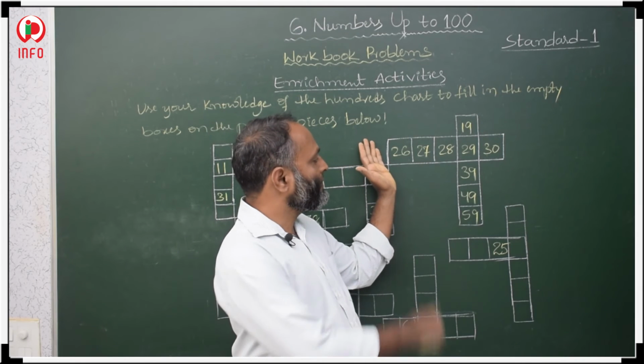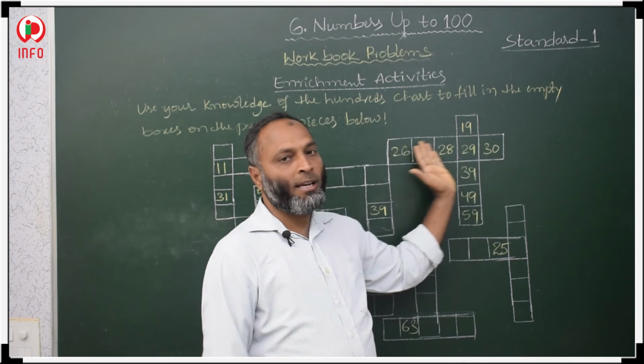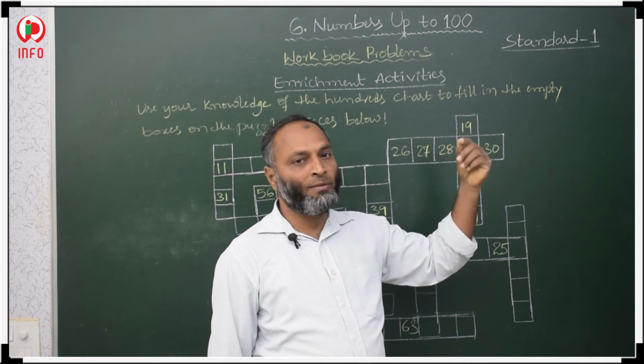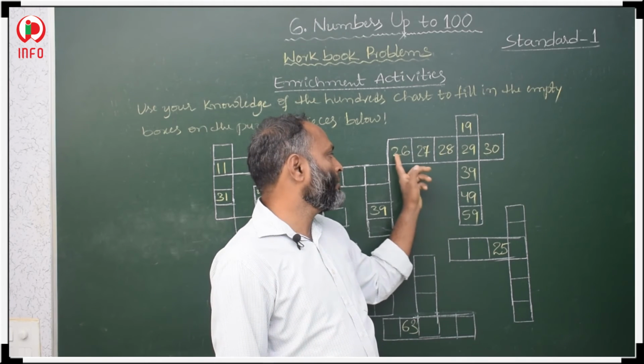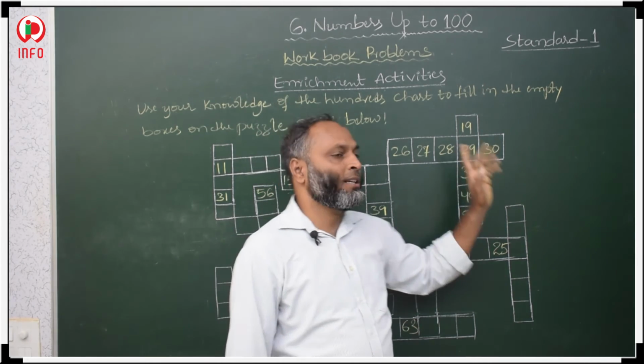Once we observe this solution, whenever it is horizontal, we have to increase by 1, 1. So serial numbers will come: 26, 27, 28, 29, 30.